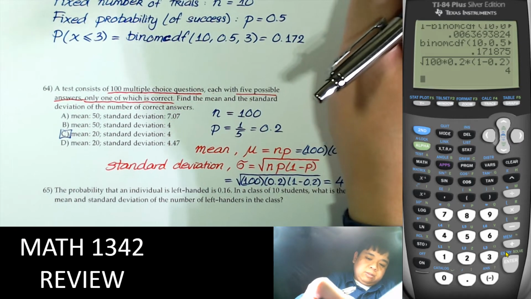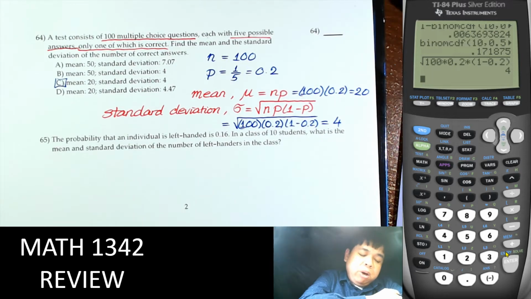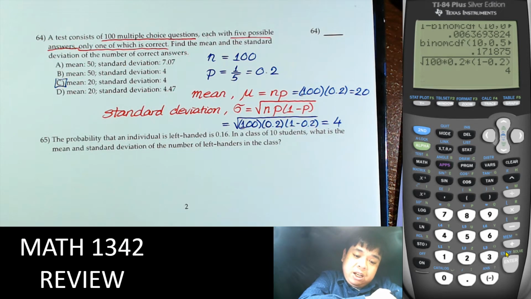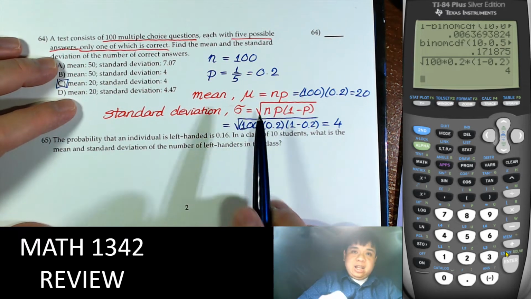Right, next. The probability that an individual is left-handed is 0.16. In a class of 10 students, what is the mean and the standard deviation of the number of left-handed students in that class? So we use the same thing here, the mean and standard deviation.